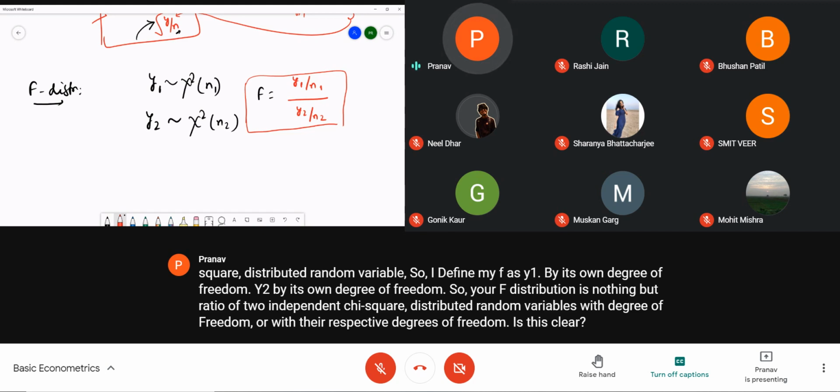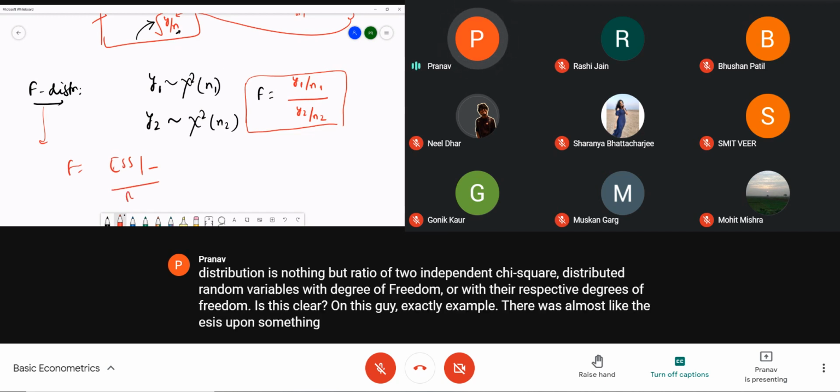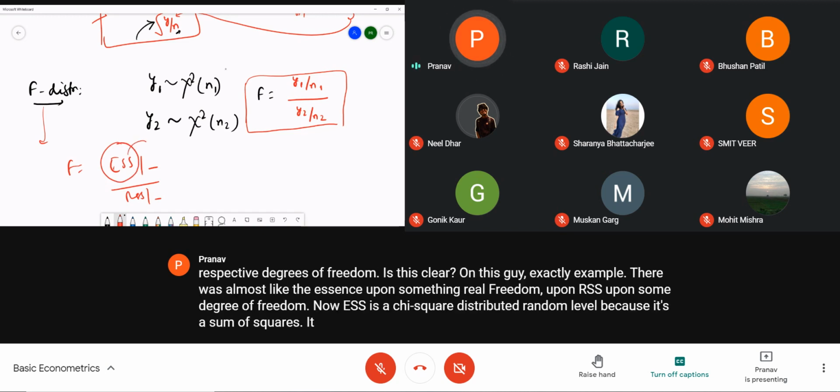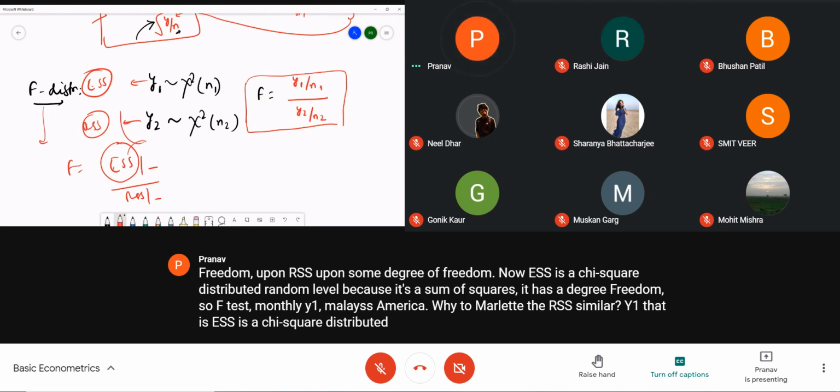अब इसका एक प्रैक्टिकल एग्जांपल देखो, जो हम F टेस्ट करते हैं एनोवा टेस्ट में, वो हम F टेस्ट लिखते हैं ESS upon some degree of freedom upon RSS upon some degree of freedom. Now ESS is a chi-square distributed random variable because it's a sum of squares. It has a degree of freedom. So F test मान लेते ये y1 मान लेते ESS है मेरा, y2 मान लेते RSS है मेरा. y1 that is ESS is a chi-square distributed random variable with a degree of freedom, let's say given by n1.